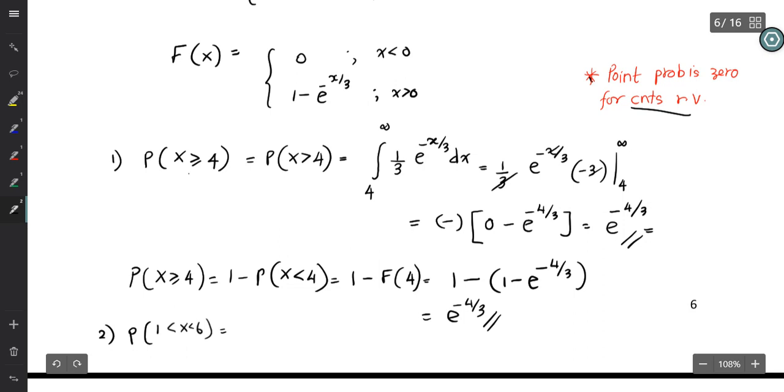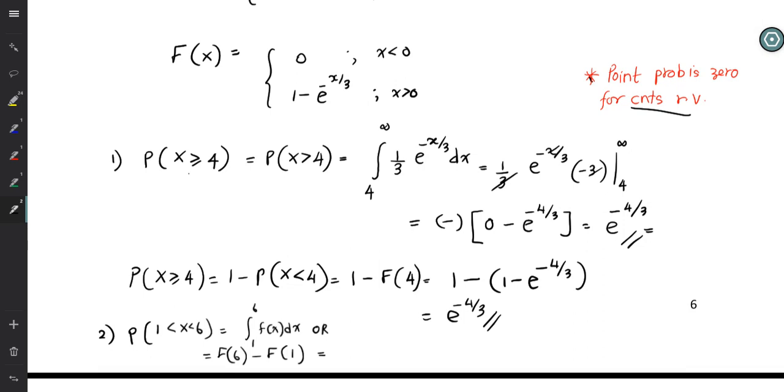Either you can integrate from 1 to 6 f(x) dx, or you can use the CDF. This is the same as F evaluated at 6 minus F evaluated at 1. And you have F(x), so you can easily find it.